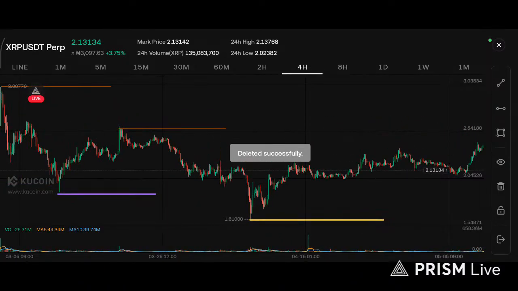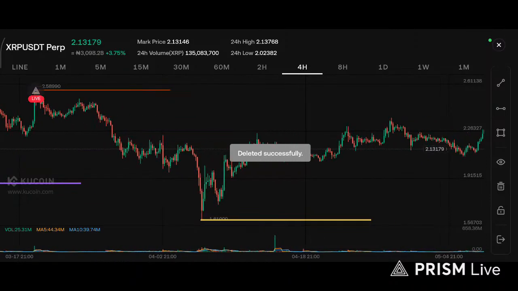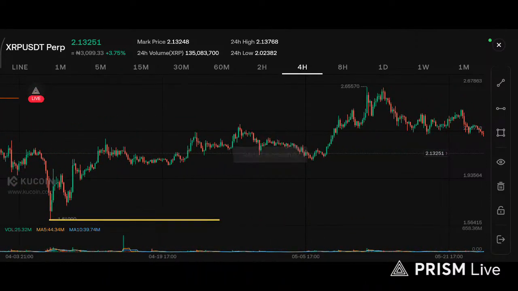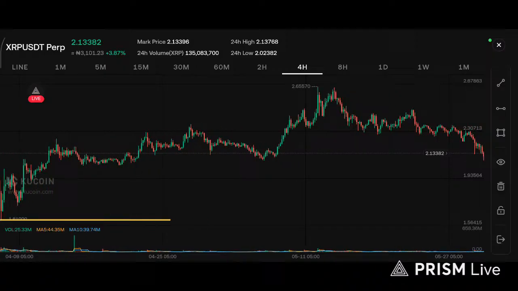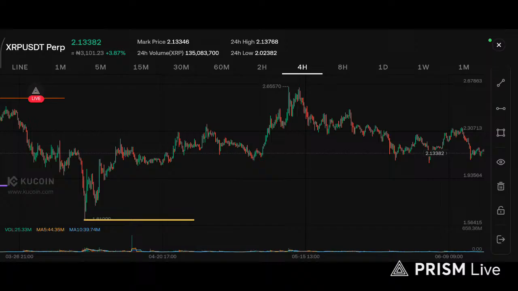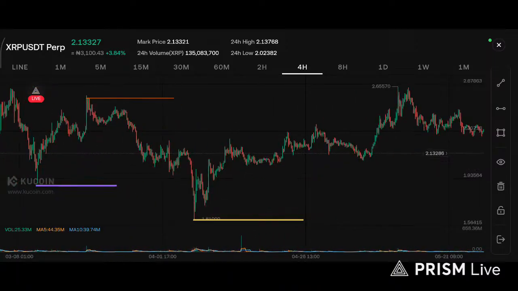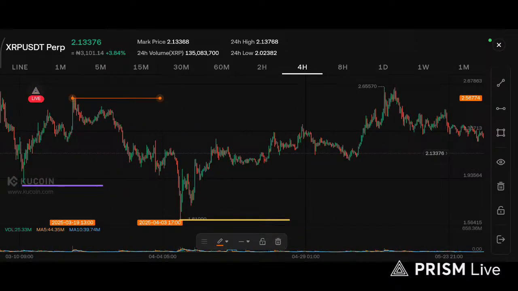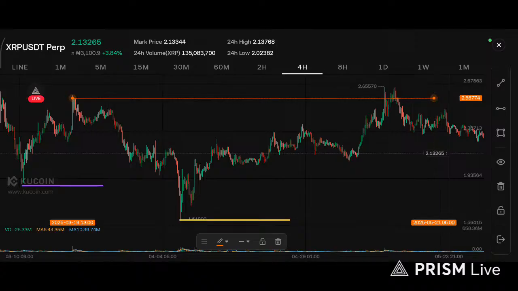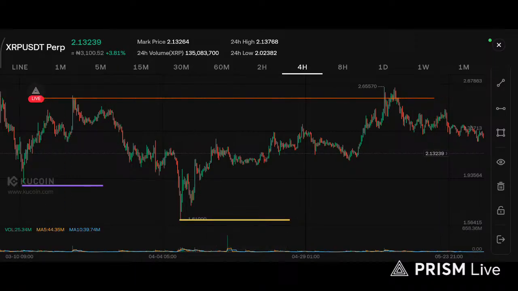There's a little pullback from here, and once the little pullback occurred, the market skyrocketed from 1.6 to 2.6. This would have been a massive profit.